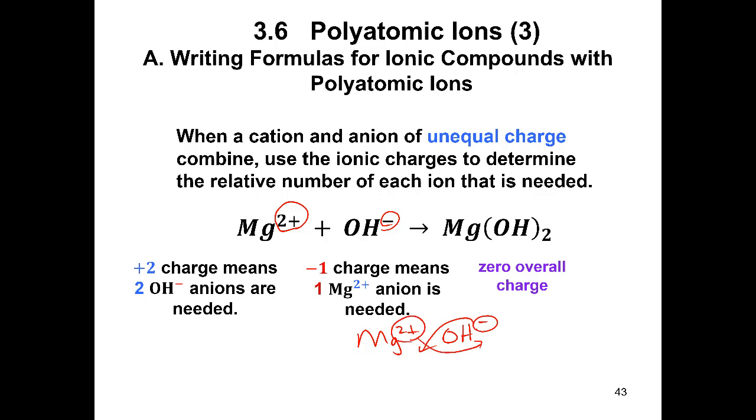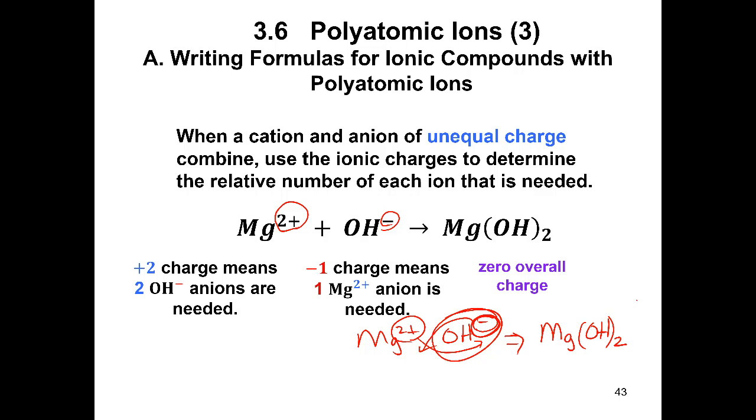Now, when you're writing these polyatomics, remember that they all stay together. So I have to write that as Mg(OH)2. I have to put the OH in parentheses because I'm saying I need 2 of that whole thing. That tells me I've got an Mg with a 2+ and 2 OH minuses.